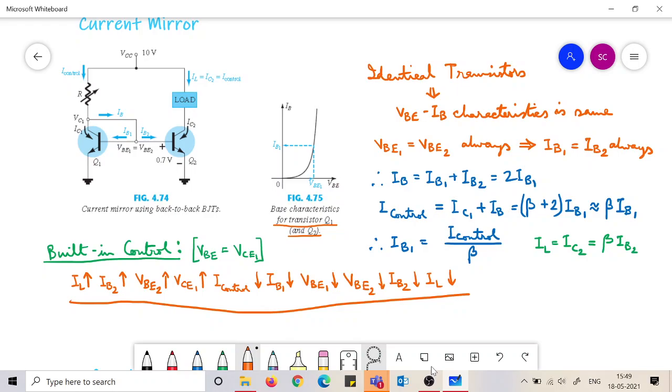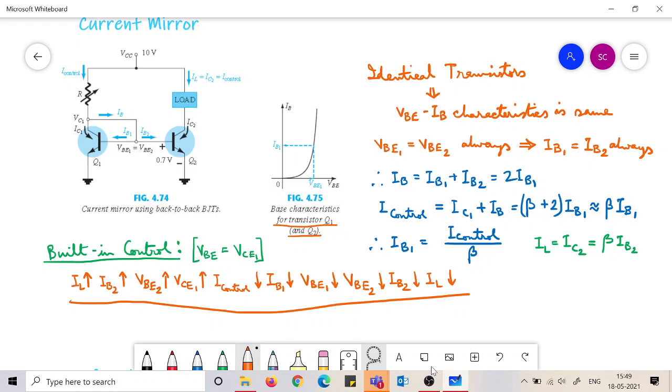So we have a very nice control over the load current. Irrespective of the load, we can deliver a current to the load. So you can change the load, but we can keep on delivering the same current, and the current will be the same as the I control current, and this I control current can be changed by changing this R.